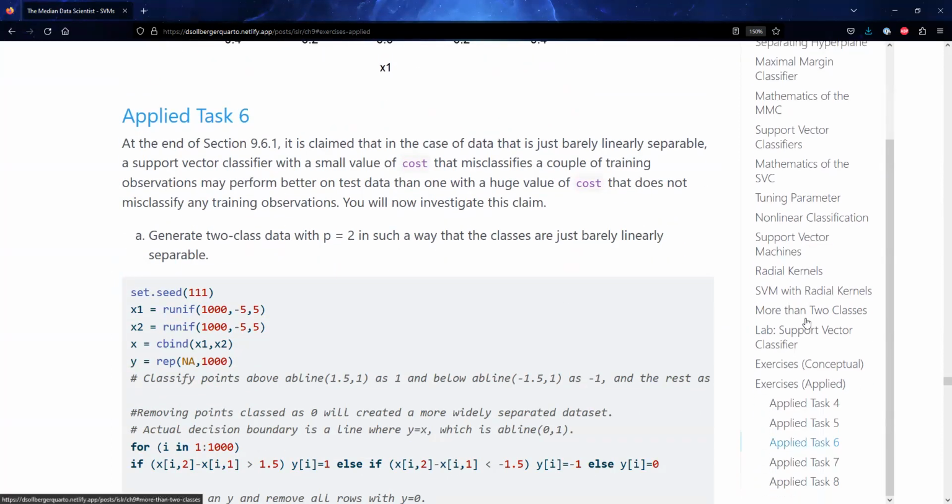I think there were 8 problems in total. For problem number 6, we're looking at situations with a small value of cost versus a huge value of cost.